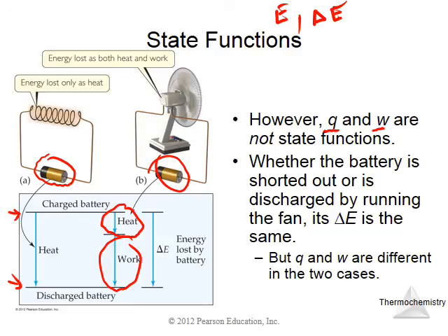So you can see, depending upon how you run the process, you may have different amounts of heat and work. So this suggests that Q or heat and work W are not state functions. They are path functions. They depend upon the path, how you're doing the process.